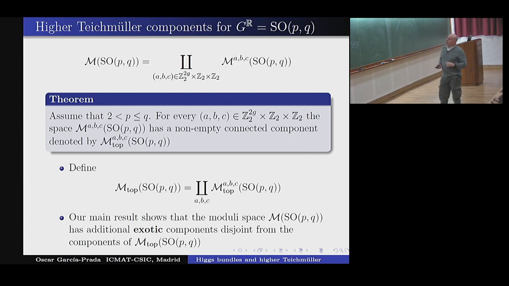Now, our main result is showing that there are other components that we call exotic. I don't like these names very much, although they are now in print, because after a while they are no longer exotic. But anyway, we call them exotic.